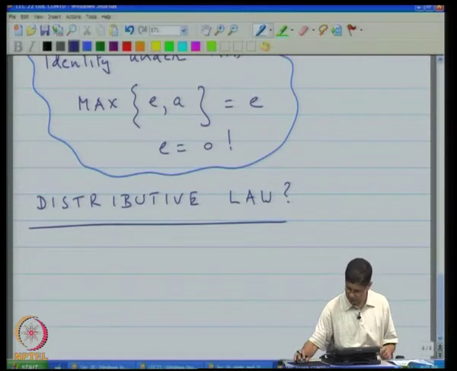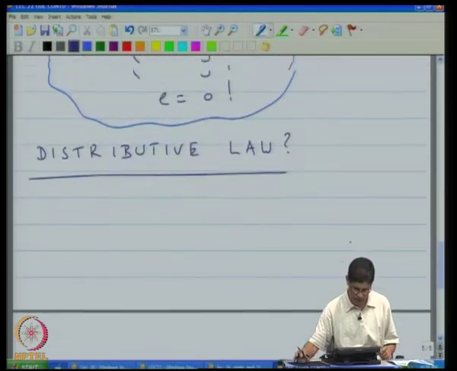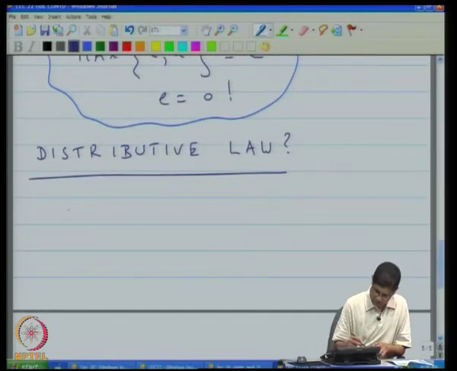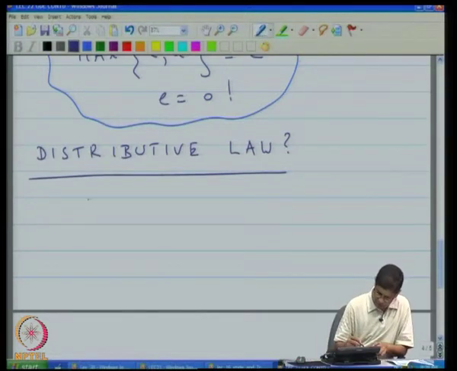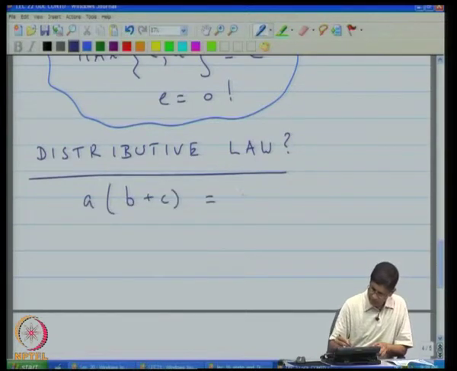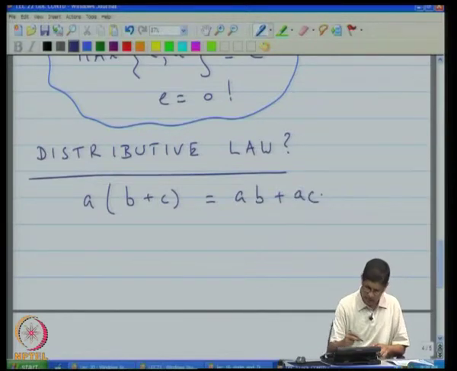What the distributive law would call for is, the way I find it convenient to handle is to write it the way I understand it in the sum product semiring. So, it is A times (B plus C) is equal to A B plus A C, and this is in the sum product semiring.